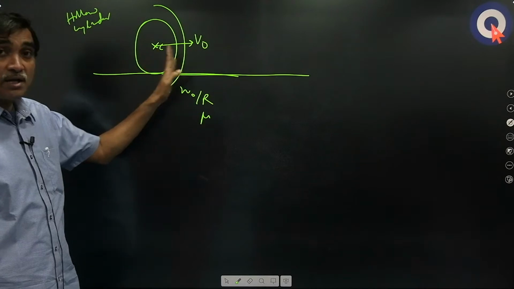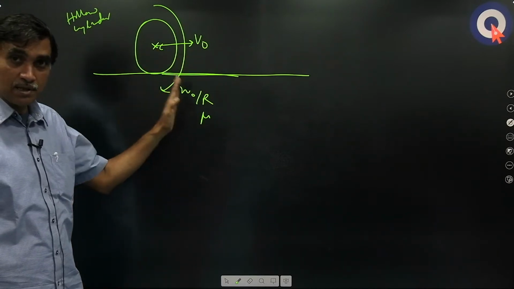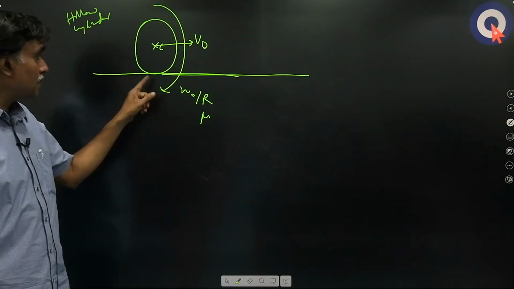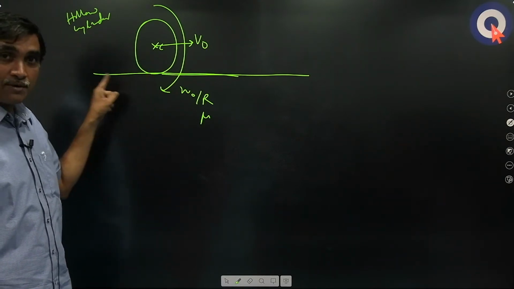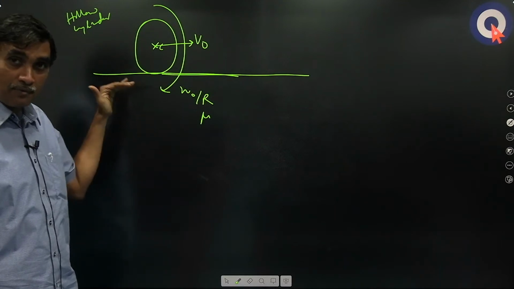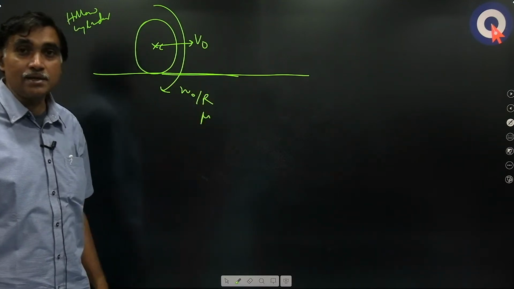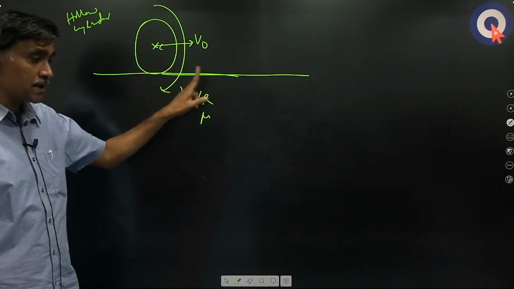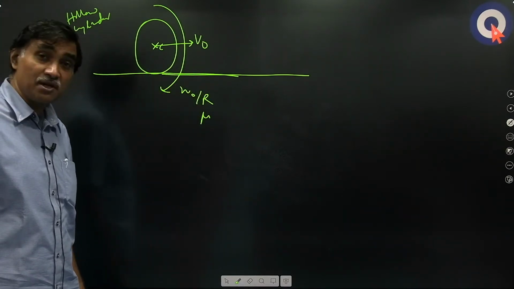If V is not equal to R omega on a fixed surface, it is not rolling anyhow, it is slipping. If the velocity of the lowest point is towards left, it is slipping backward, then kinetic friction acts towards right. And if the velocity of the lowest point is towards right, it is slipping forward, then friction acts towards left.